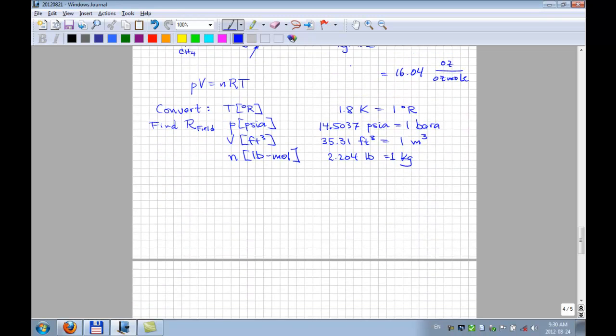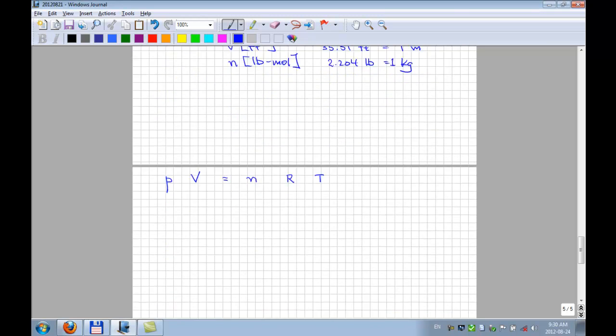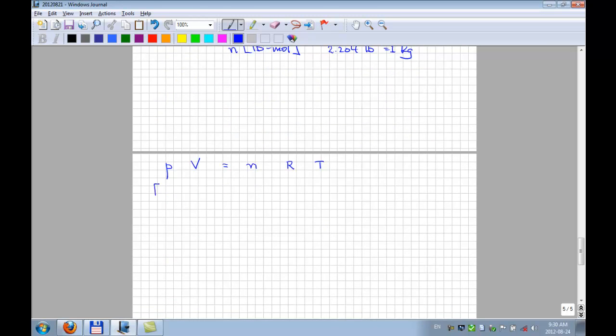To do this, we'll start by writing the ideal gas equation like this, and putting the units like this.